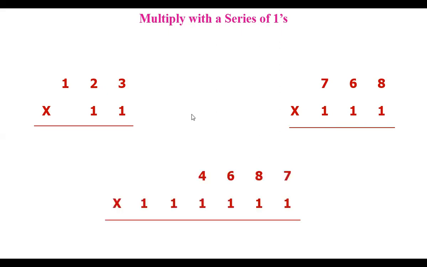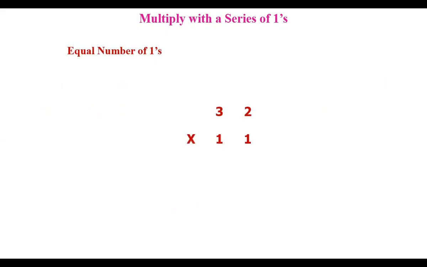In the third category, we are going to have more ones compared to the number of digits in the other number. So we categorize them into three categories, and let us see how to get the multiplication of them.